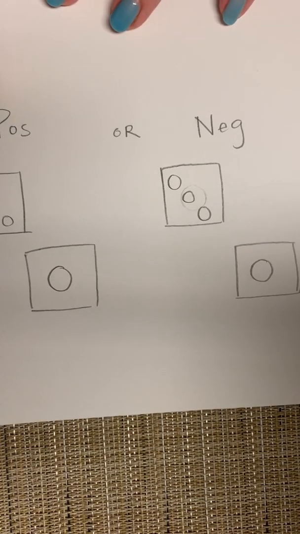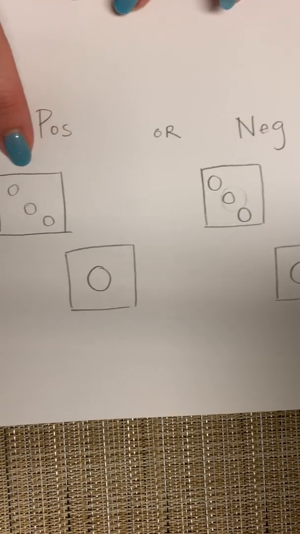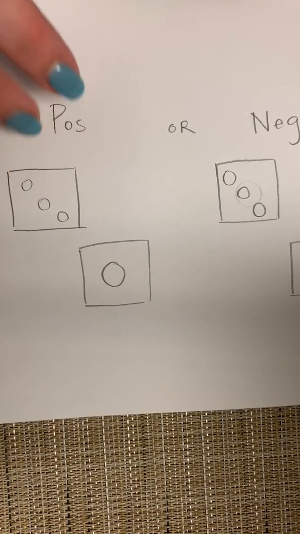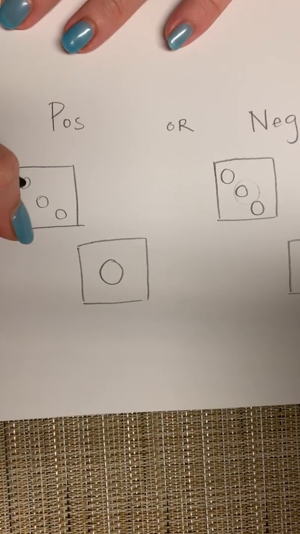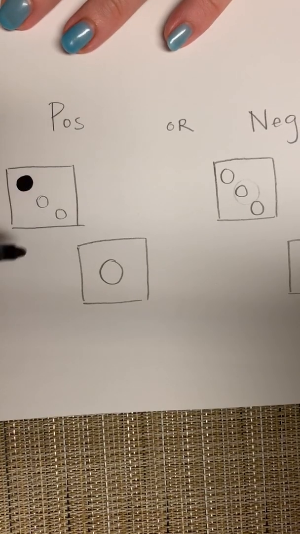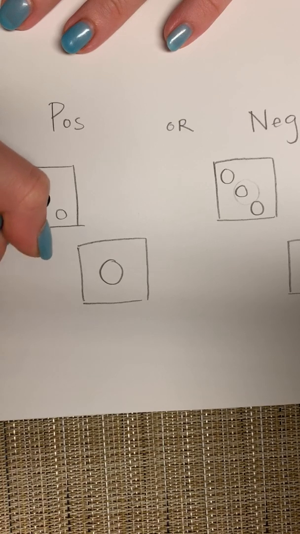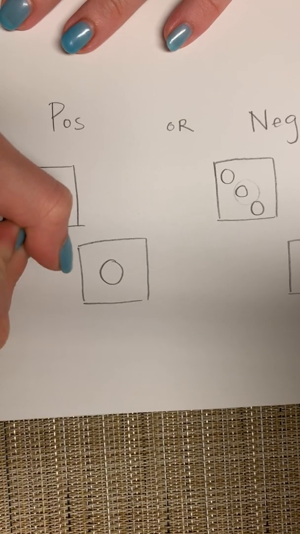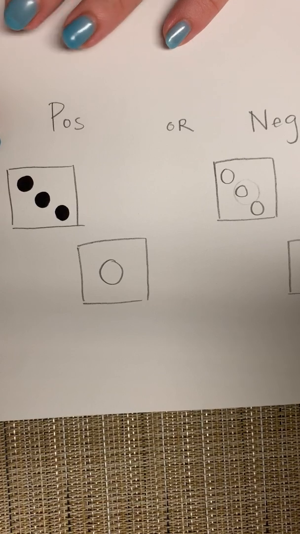So when we look at these positive or negative squares here, we're going to look at these like they're dice that we might throw during a game. You would think that the positive space is filling in what we're making. So if you're doing dots that are taking up positive space, they're going to be filled in.